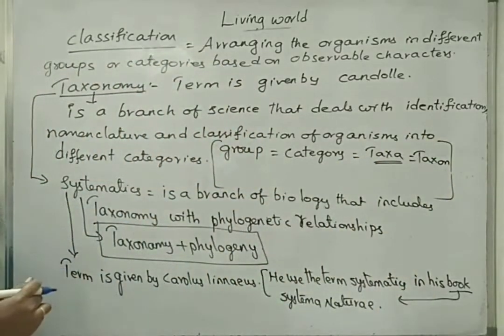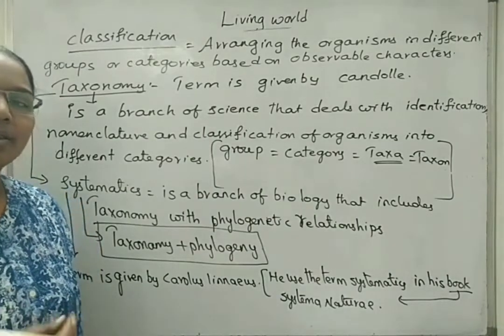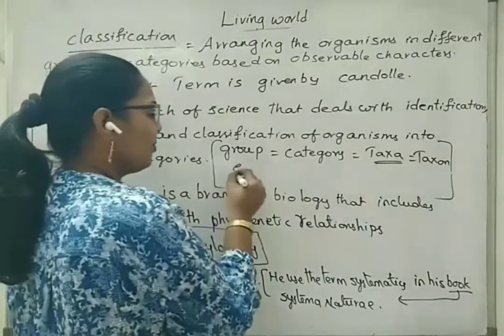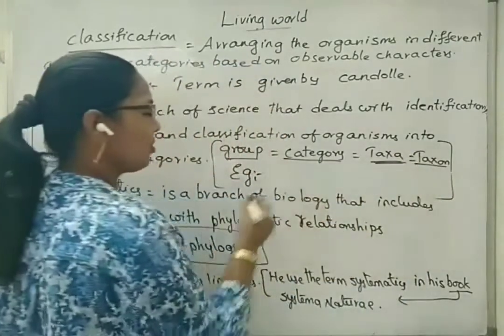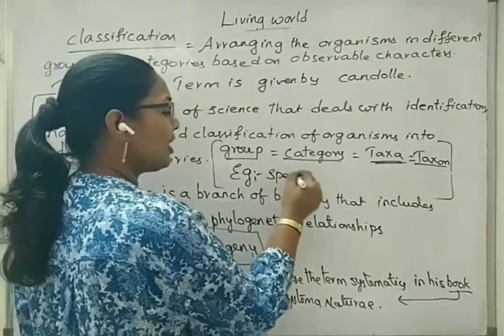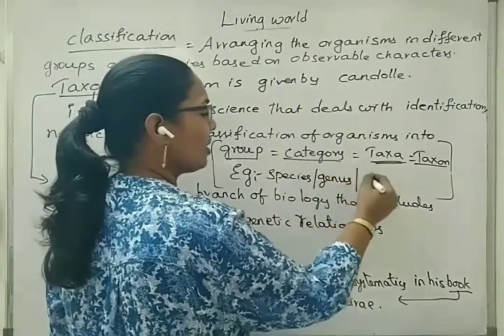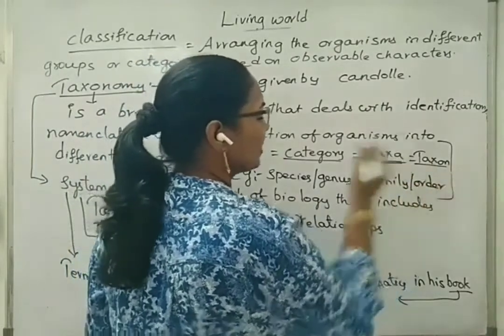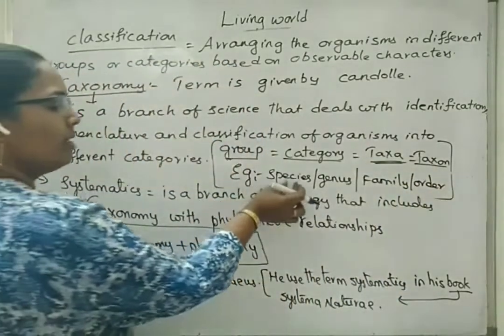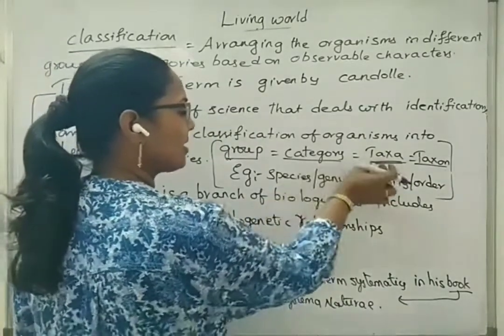Each and every category or each and every group is also termed as taxa or taxon. For the example of either group or category or taxa or taxon, it can be either species or it can be genus or it can be family or it can be order, etc. Each and every separate category is given a term like taxa.